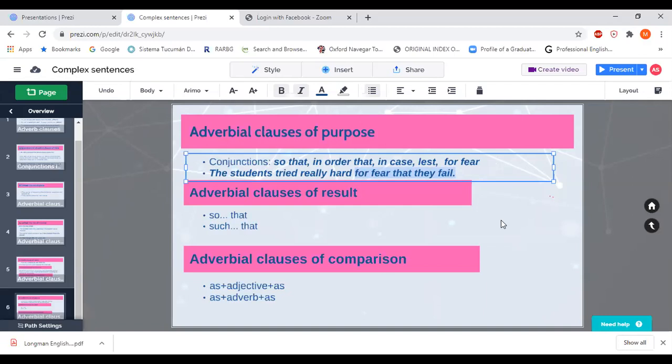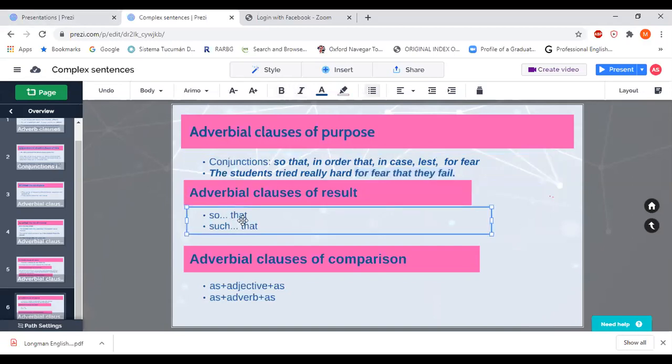Any other example? No, what about adverbial clauses of result? There we have so... that, such... that.